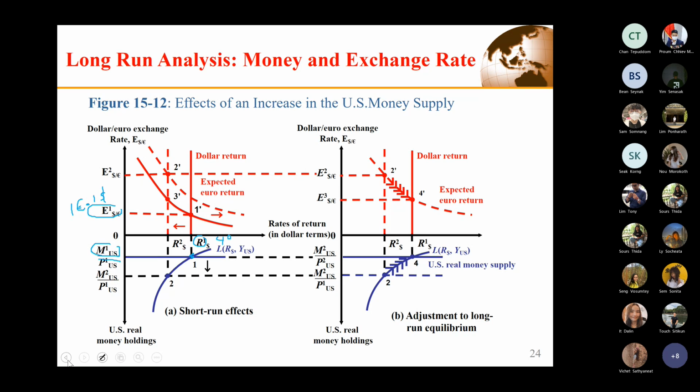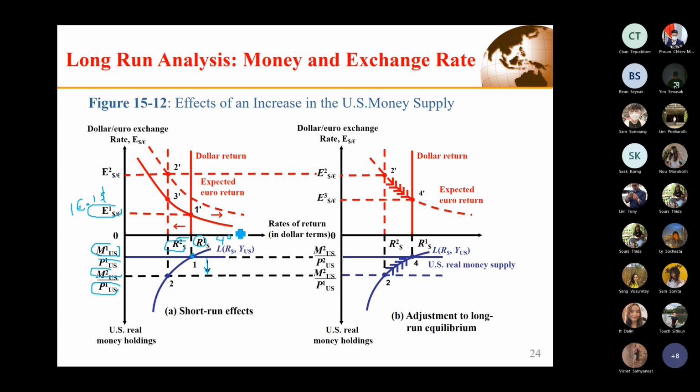But now let's say the central bank decides to increase money supply. In the US they print more US dollars and put them into the economy, so money supply increases to M2. The price remains the same, it's P1. That is in the short run, so price does not change yet. In that case, we know that the currency would depreciate because interest rate would drop from R1 to R2, right? But by how much?